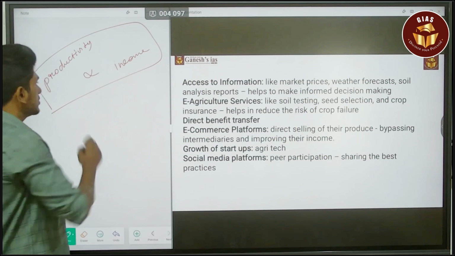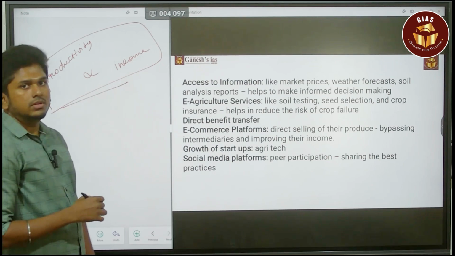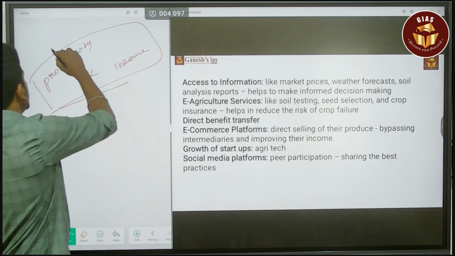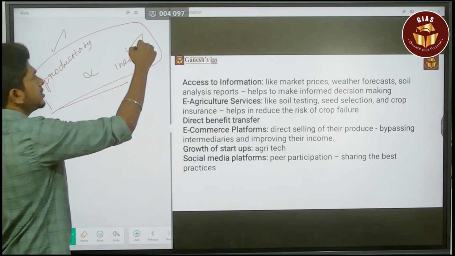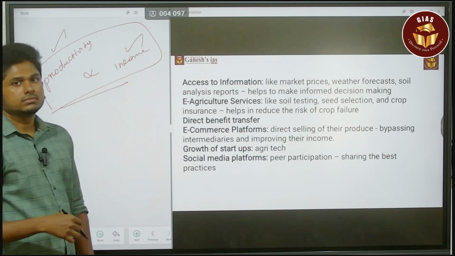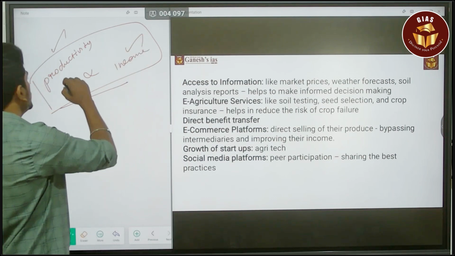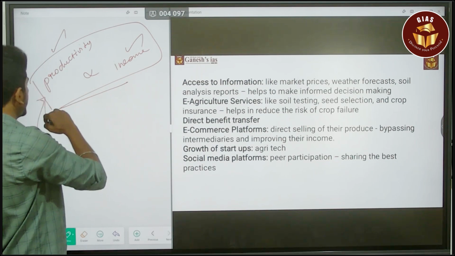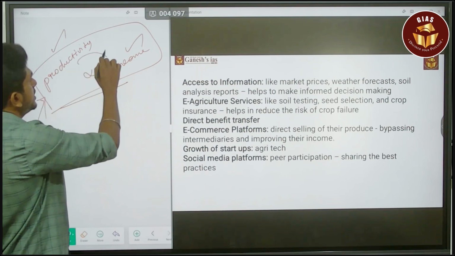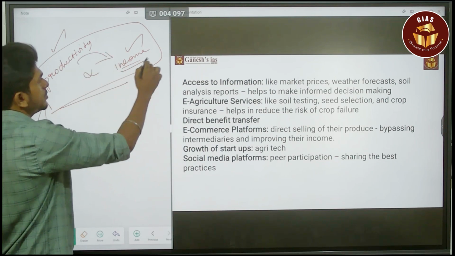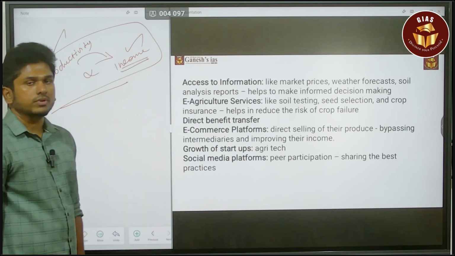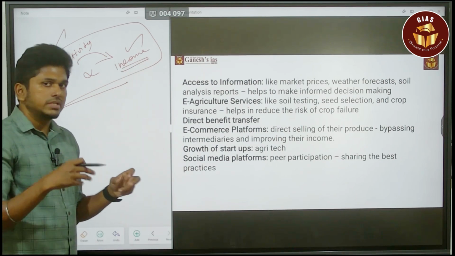This should be in your answer, because if you enhance productivity, obviously the income will also increase. If you address only productivity, you are directly or indirectly addressing income also. So that is more than enough. It is not two separate questions, it is a single question only.